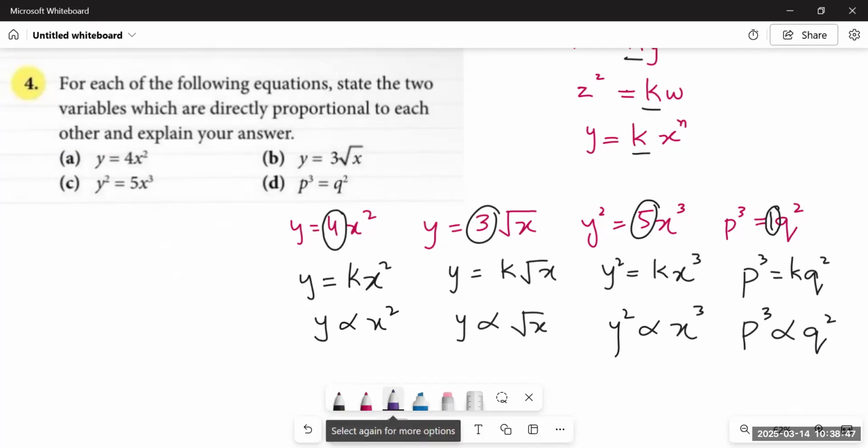We are just substituting is equals to k with the sign of directly proportional. This is what we have learned, that when two quantities are in direct proportion, we just remove the proportion sign and replace it with is equals to k constant. And in this case, we are provided with the k constant. So we just have to remove it and do the workings in reverse direction, and that's all.